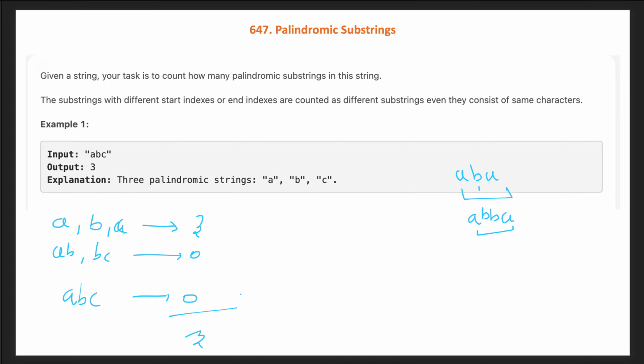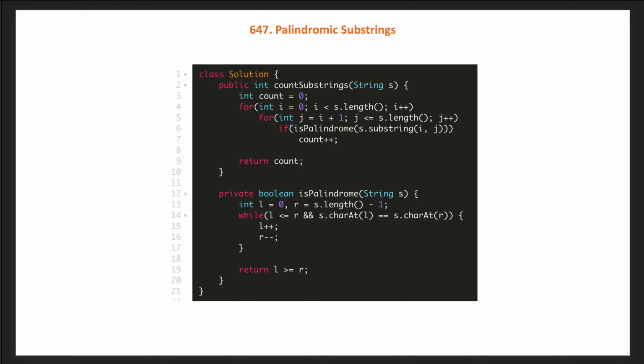So one naive solution you can think of is to just find all the substrings and check if each is a palindrome. This is the code for that. As you can see, we start with i from 0 to length, and then j from i plus 1. This will help us find all the substrings. Let's say this is our string ABC.